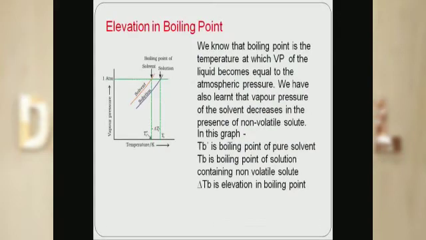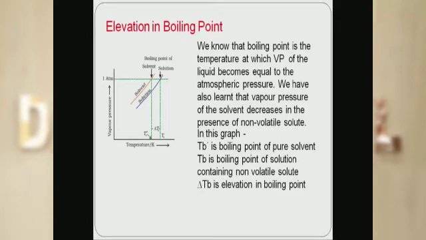Now starting with the next colligative property, that is elevation in boiling point. You know the definition of boiling point, that it is the temperature at which vapor pressure of the liquid becomes equal to the atmospheric pressure.